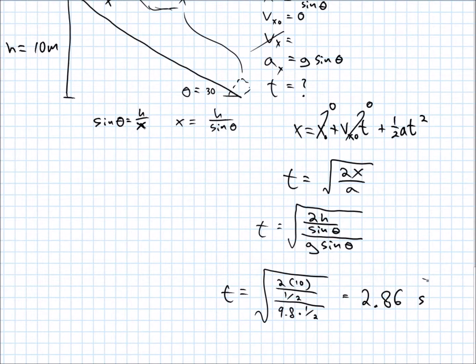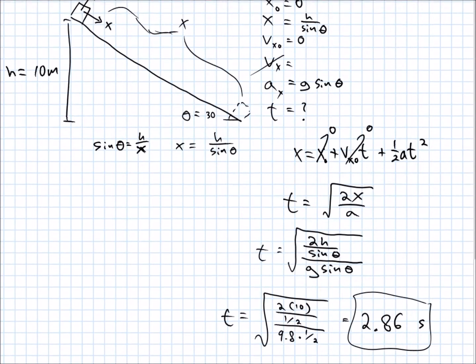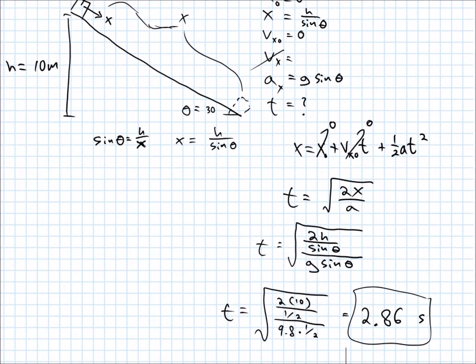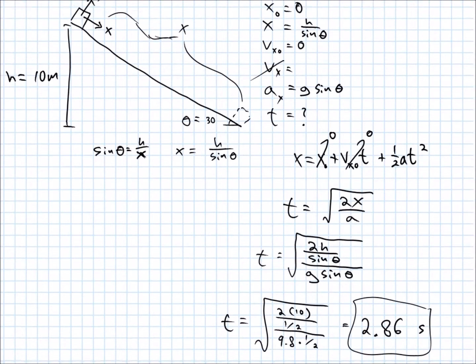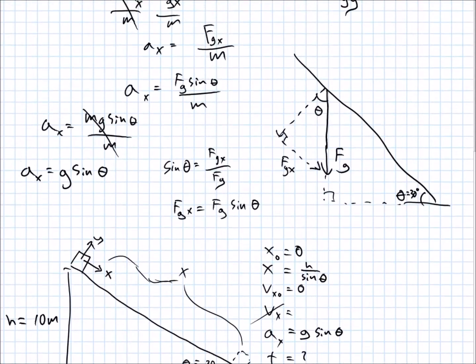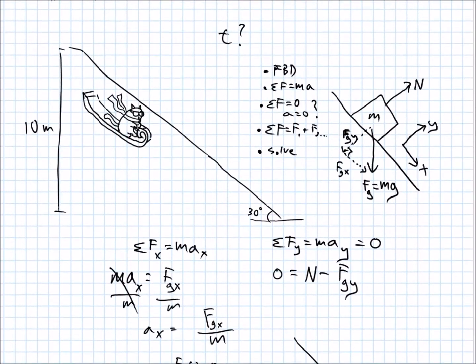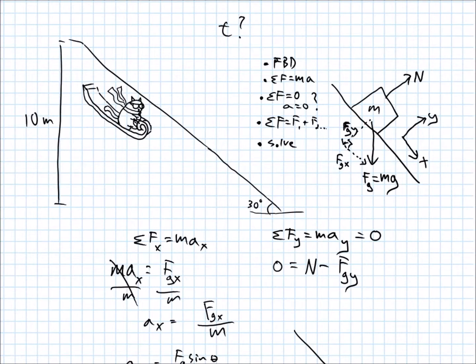All right. So they will do this to you a lot. They want to hold on to kinematics for a little while longer, so they give you what looks like a kinematics problem, but actually requires using a free body diagram and Newton's second law.